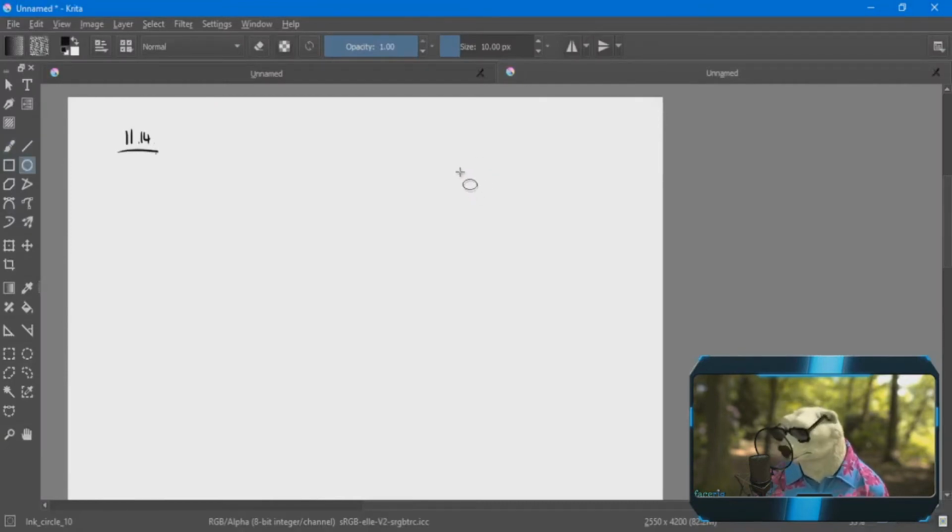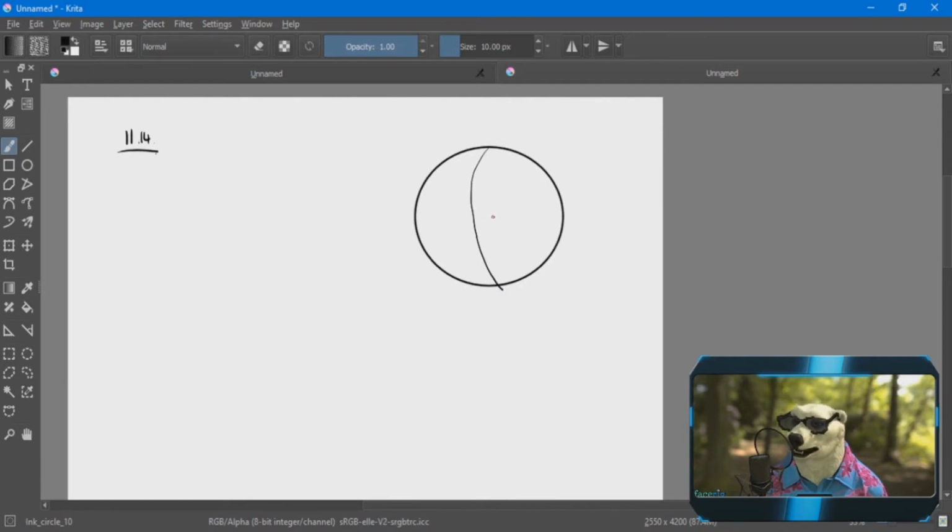So we can have a little circle here. Nice and big. So let's suppose we have our sphere like that. We have a radius and we're interested in volume.